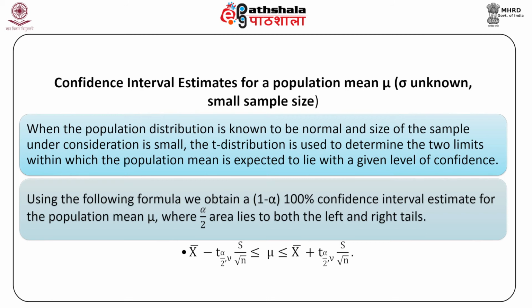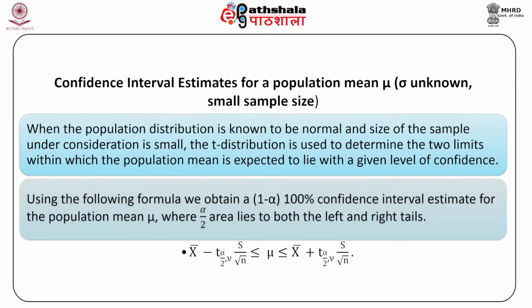Now, using the following formula, we obtain 1 minus alpha into 100% confidence interval estimates for the population mean mu, where alpha by 2 is the area which lies to both the left as well as the right tails.